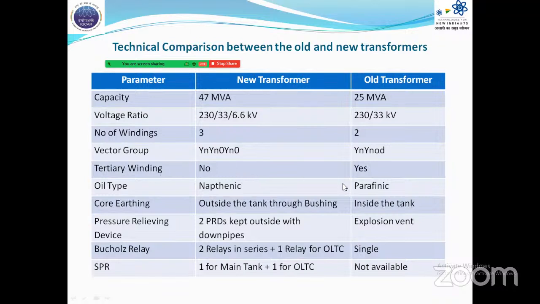Another change in this transformer is the provision of tertiary winding. In the old transformer, there was a tertiary winding which is denoted by this letter D. Generally, that tertiary winding is provided in a star-star transformer for providing a path for the circulation of zero sequence currents. Actually, zero sequence currents are there because of the nonlinear portion operation of the magnetic material of transformers.